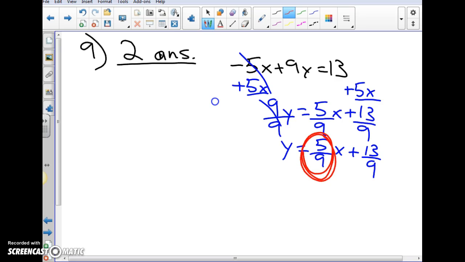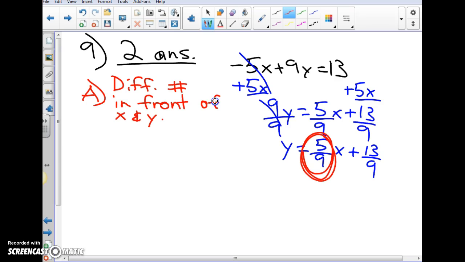So I'm asking, would A, if I changed it over, would it have 5/9 slope? Well, guys, I want to give you some helpful pointers. On A, that number in front of the x and y isn't even the same. So I've got different numbers of x and y, there's no way A is going to be an answer.